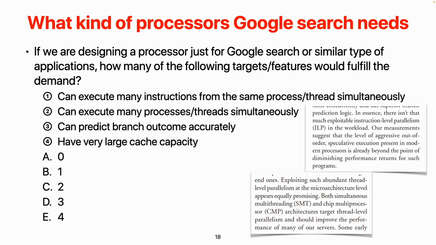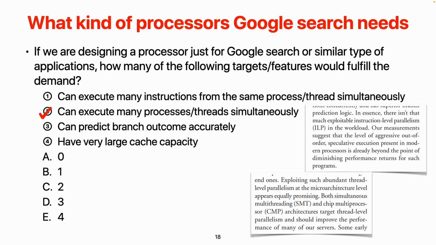if you don't read this paper, you will probably think, why don't I just buy an NVIDIA AI server to power this service? But after you read this paper, do we need an NVIDIA GPU for this? Not at all. What do you want? A very cheap computer, low instruction level parallelism, rich thread level parallelism, right?